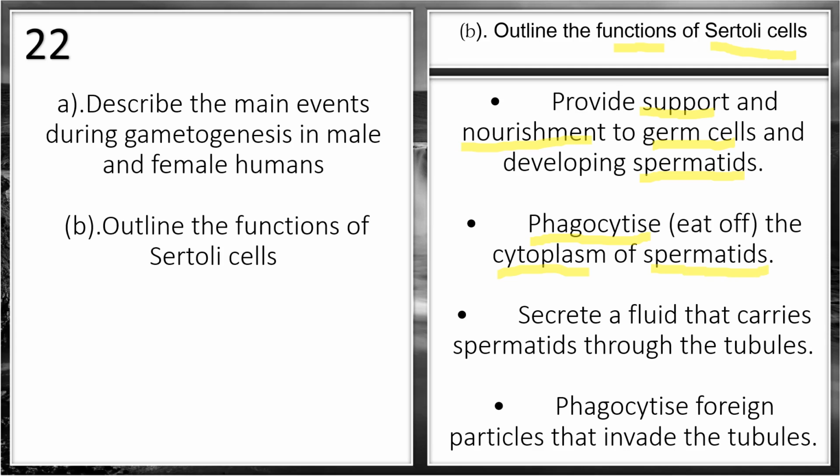Thirdly, they secrete a fluid that carries spermatids through the tubules, and they phagocytize foreign particles that invade the tubules.